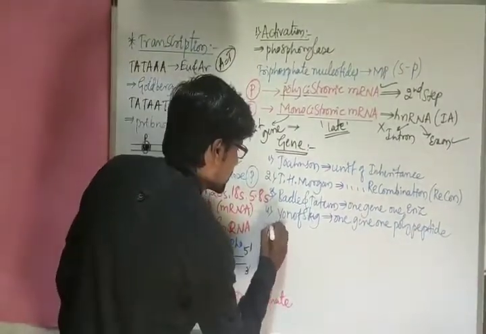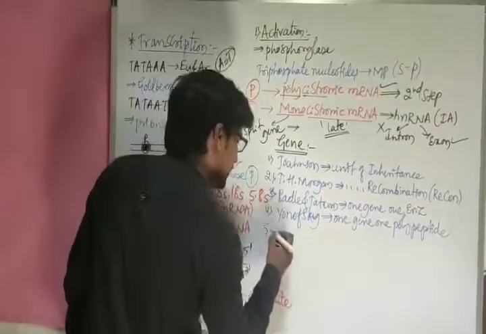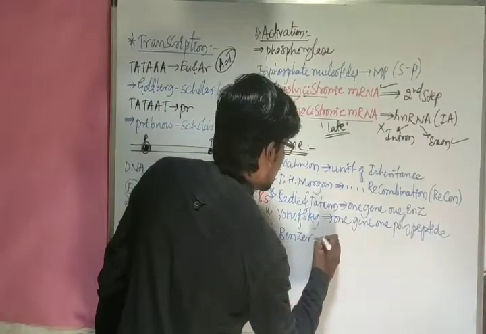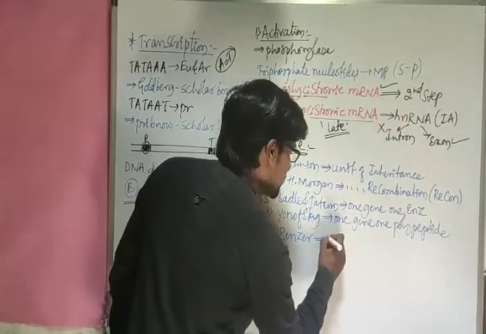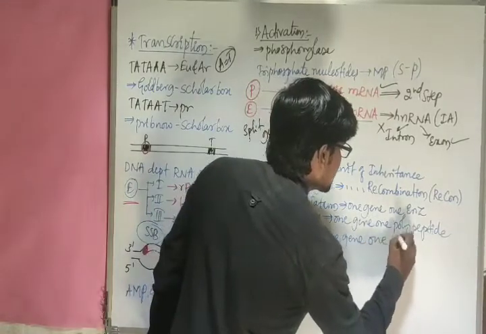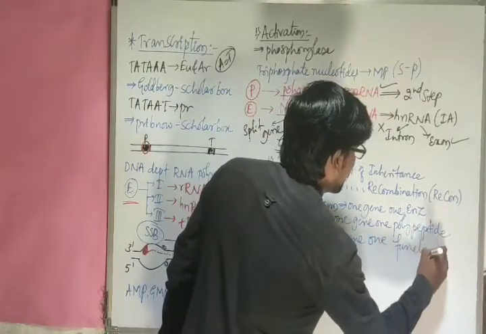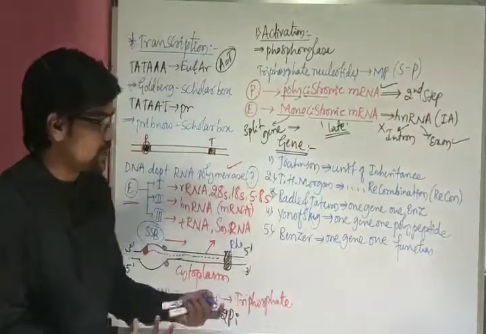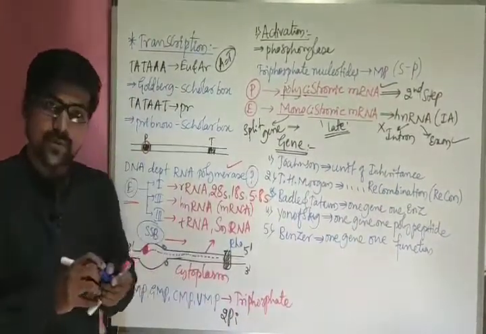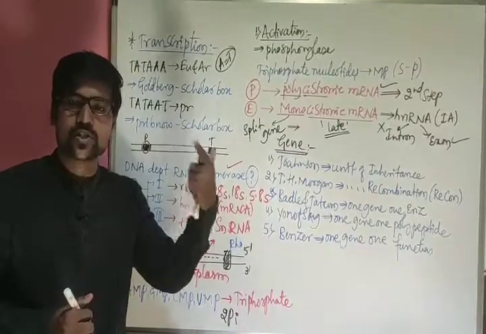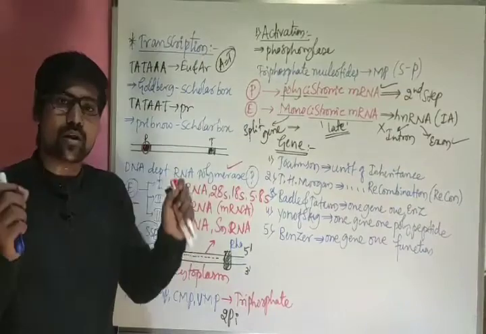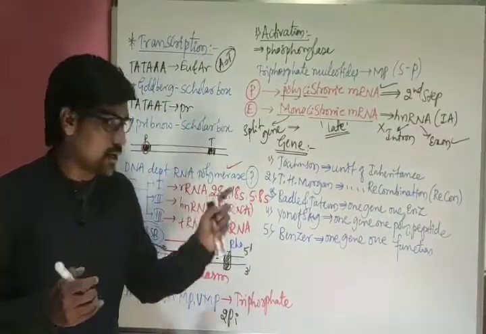One more major scientist, Benzer, defined the same gene in a different manner: one gene, one function. He captured all the things together. What is that function? It may produce one polypeptide chain, tRNA, rRNA, or an enzyme. But overall, one gene means one function according to him.